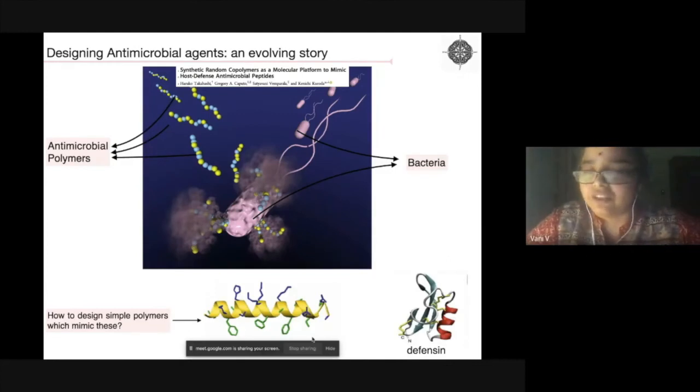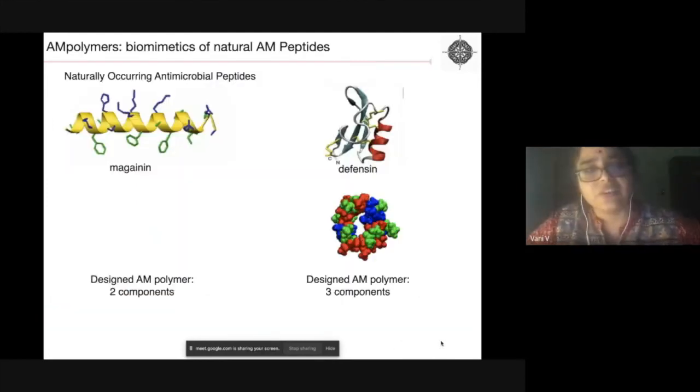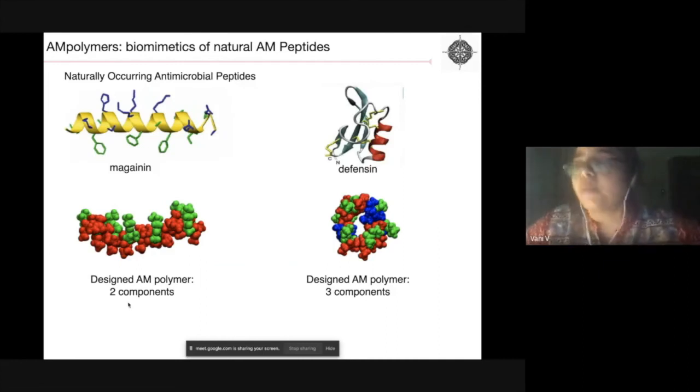You have one which is very elongated, with groups distributed on both sides, and one which is a collapsed one. And as you have seen, using two components of the polymers, we are able to mimic this naturally occurring peptide, which behaves exactly like it structurally.